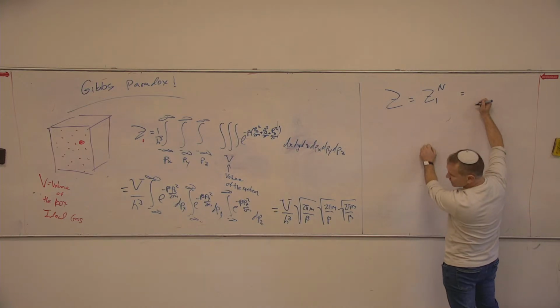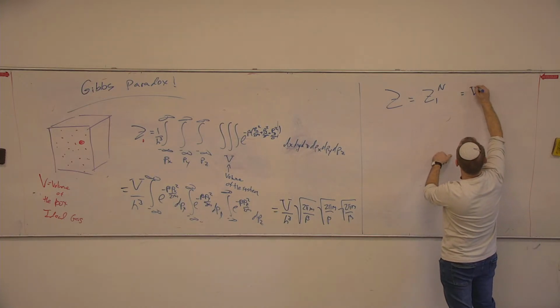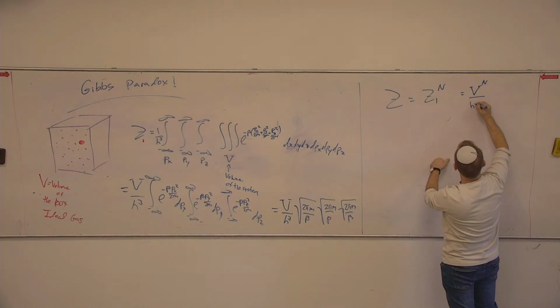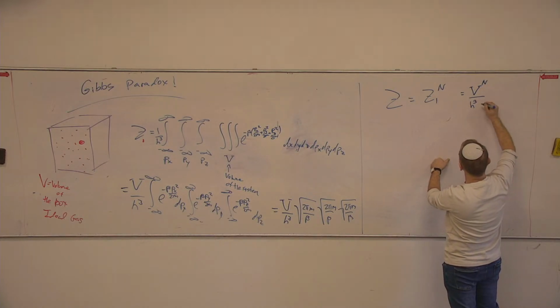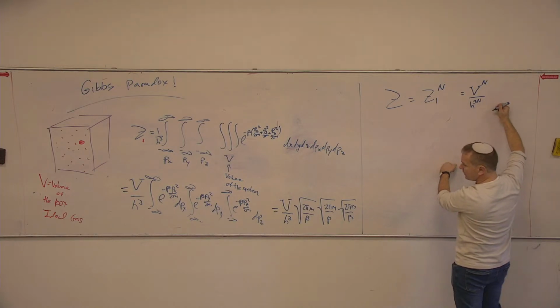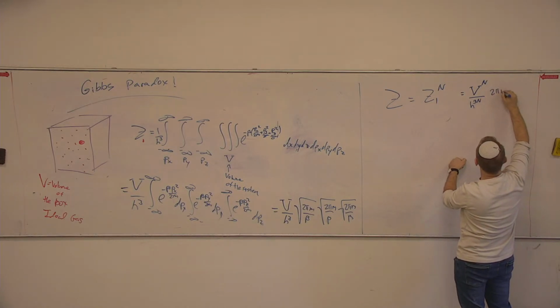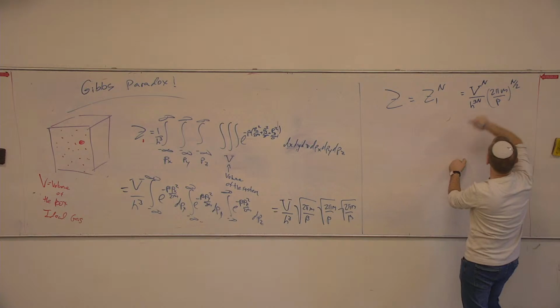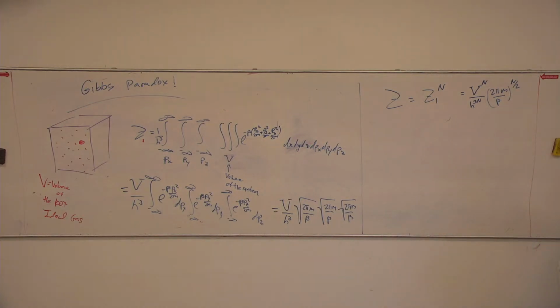So it is simply V to the N power, over h to the 3N, and here we have 2 pi m divided by beta to the N over 2 power. This is our partition function.